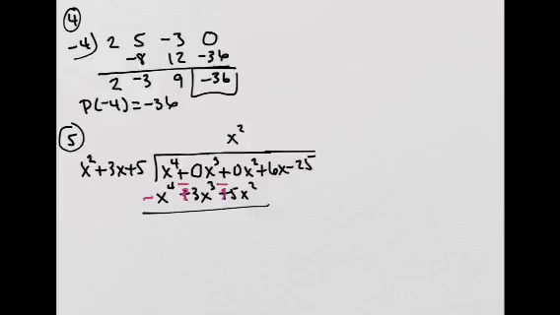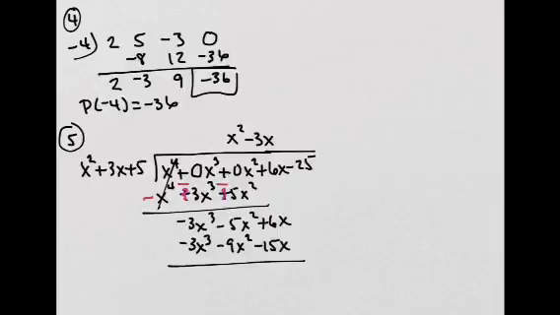You add your 2 rows and you get 0, negative 3x cubed minus 5x squared. Bring down the 6x. Then same question, what do you have to multiply this by in order to get this one? That would be negative 3x. We multiply, and then you get negative 9x squared minus 15x.